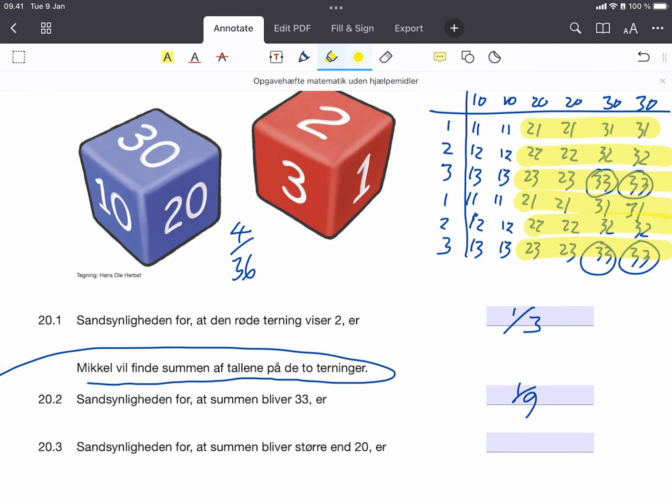I mean, it's essentially if the blue die lands on anything other than 10, isn't it? So there are, let's just count these up, 24 ways out of 36 that you can get a sum greater than 20, which is the same as 2/3.